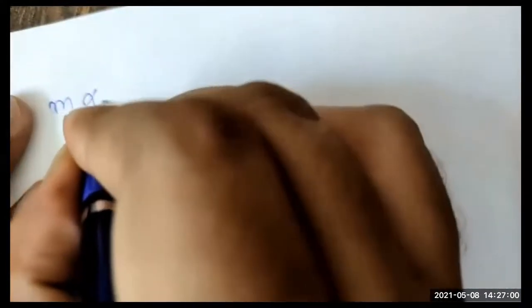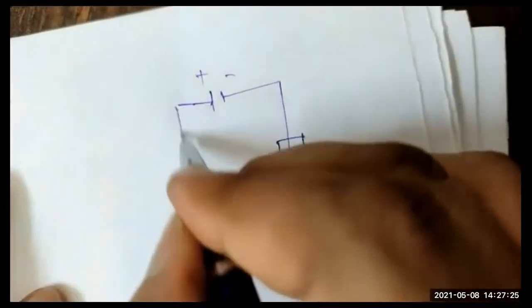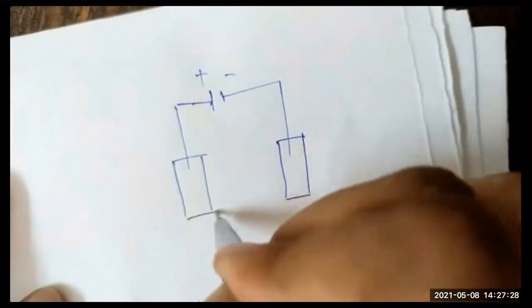So we found that M is equivalent to Q into A by V, and we have to somehow do something with this Q term. Now, if we have a circuit with us, this is the positive terminal, this is the negative terminal, this is connected with the tool, and this is connected with the workpiece.